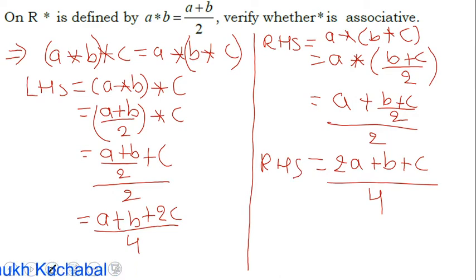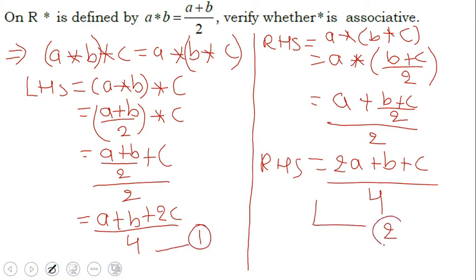So LHS simplification I call equation 1, RHS simplification I call equation 2. So we'll observe that here LHS and RHS are different. Here the LHS is (a plus b plus 2c) divided by 4, whereas in the RHS it is (2a plus b plus c) divided by 4. So both are different.